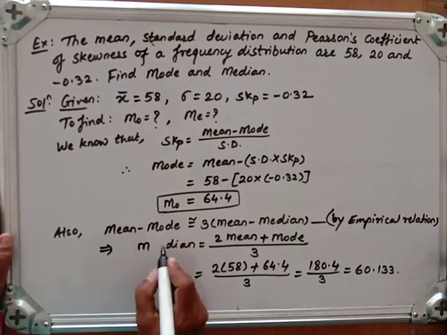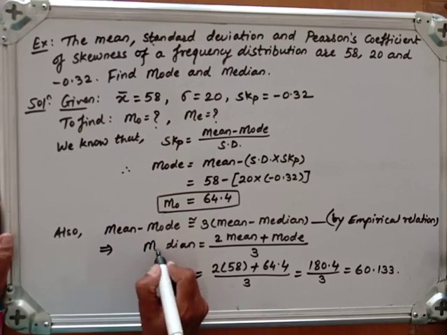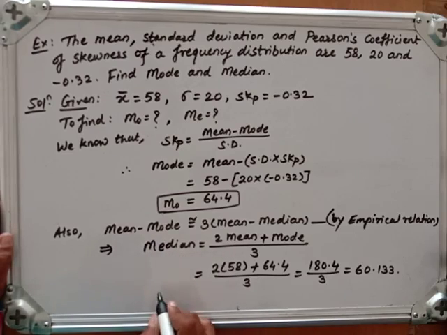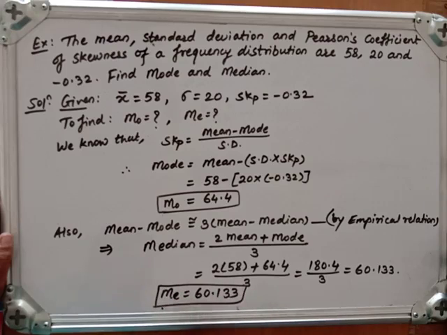Sorry, the spelling here is wrong. So median is 60.133. This is the solution here. As such we can solve problems to find mean, median, mode and whatever from the coefficient of skewness. Okay, here we will stop for this one. Next video we will see some more examples on this one. Okay, thank you.